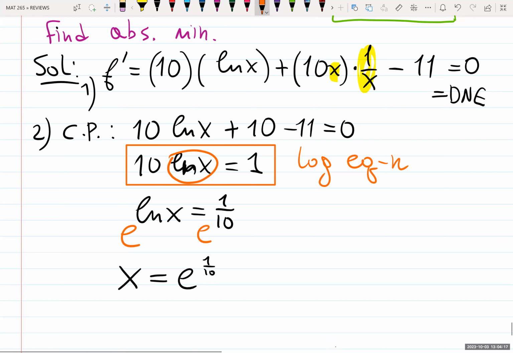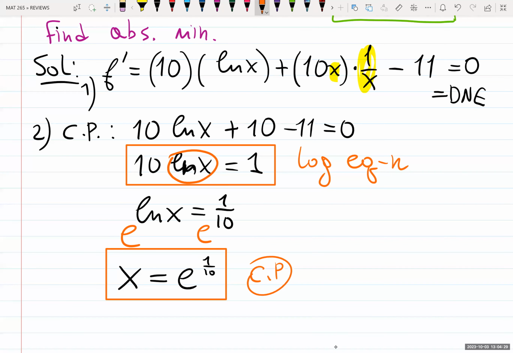So for the log, the answer will be e to the right-hand side. For the e, the answer will be log of the right-hand side, where the right-hand side is, in our case, 1/10. Guess what? There were no D and E points that are in the domain of the original function. I mean, x cannot be 0 or negative. Okay, so that's my critical point.